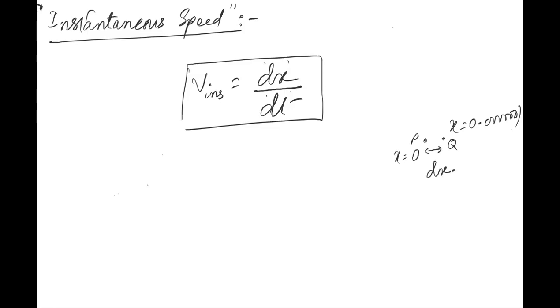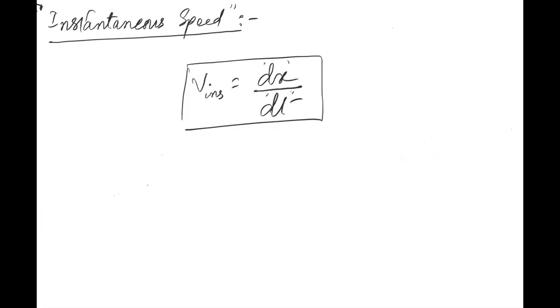Did you understand? If the difference between two quantities is very small, then I can take that very small change as dx or dy or dz, right? So instantaneous speed means dx by dt. Instantaneous speed का मतलब होता है dx by dt. That is very small change in distance upon very small change in time.